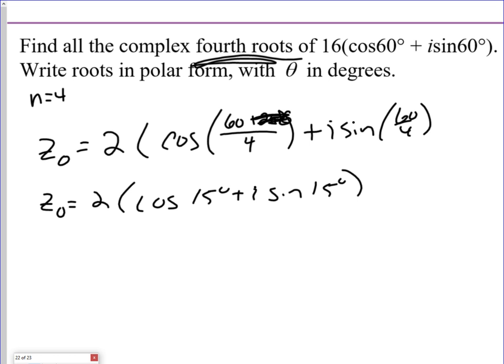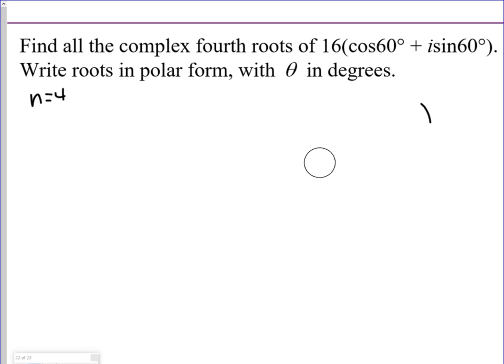So how do you know which one to do? Plug in for k. Let me answer that because that's a good question. We'll do it again. For starters, what's my n? 4, correct? That means the k's that I use are going to be 0, 1, 2, and 3, because that gives me 4 roots.